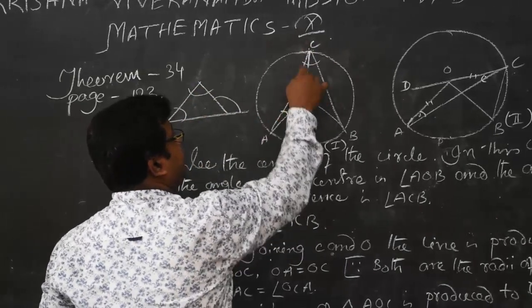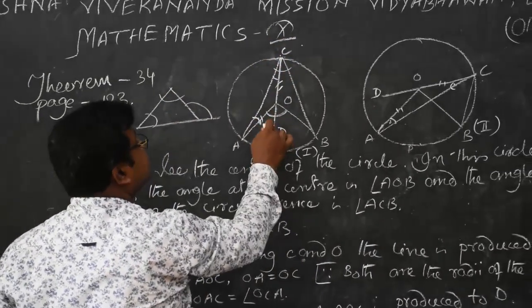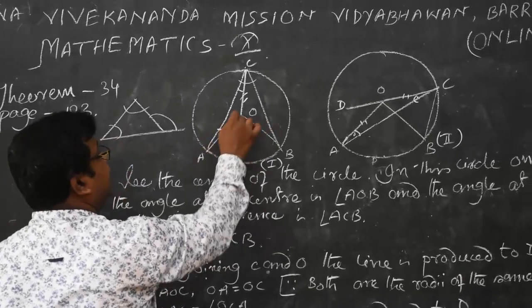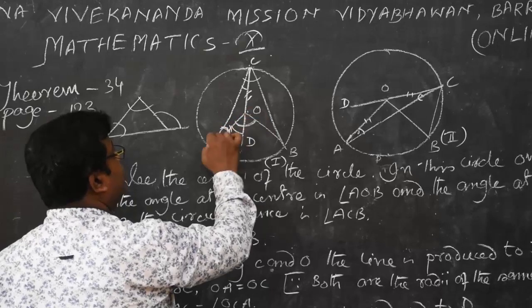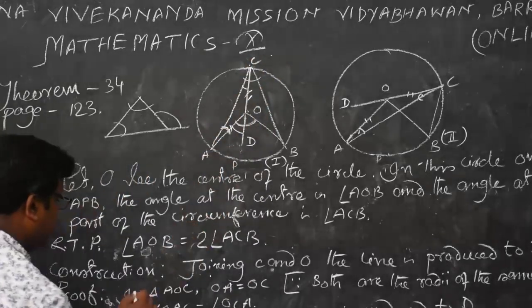Here side CO of triangle AOC is produced to D, so the exterior angle AOD equals the sum of the interior opposite angles, that is angle OAC plus angle OCA.